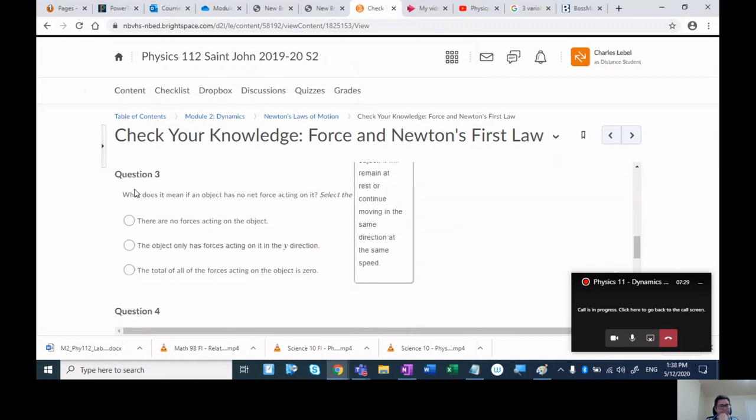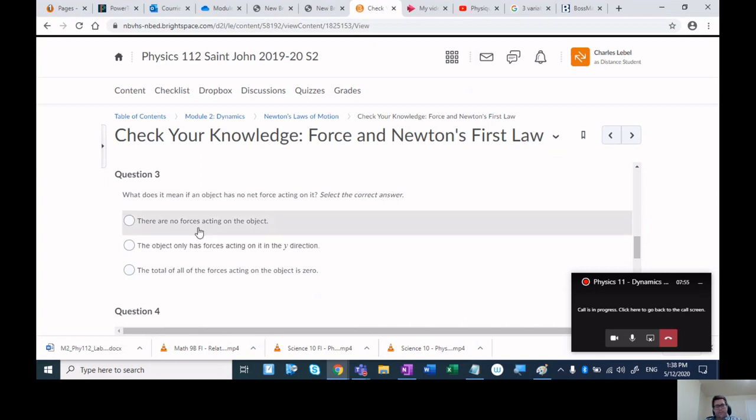3. What does it mean if an object has no net force acting on it? So no net force means net force 0. Object should not move, should not accelerate, should not change its direction, should not change its velocity.